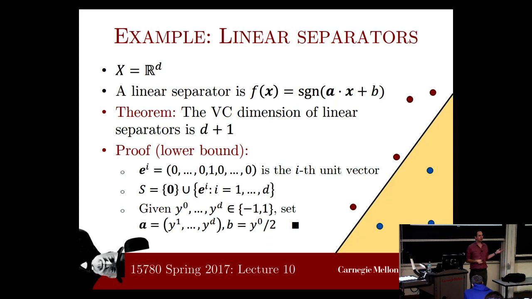Now I claim that this will have the same sign as yi. Because yi is either minus 1 or 1, and y0 divided by 2 is either minus 1/2 or plus 1/2. Whatever you get, it's going to be the same sign as yi because the second thing is smaller in absolute value. So this thing will again have the same sign as yi, which is what I'm trying to achieve.